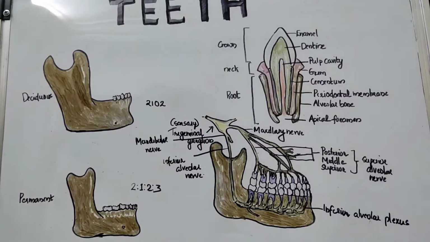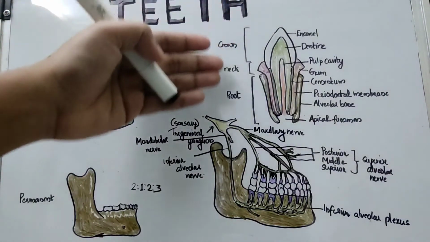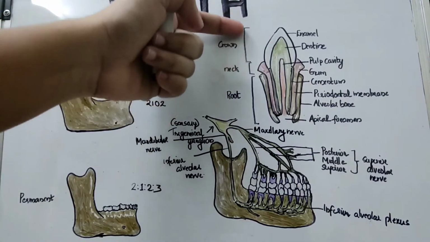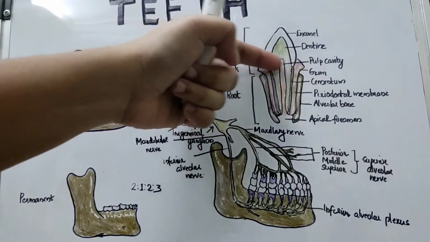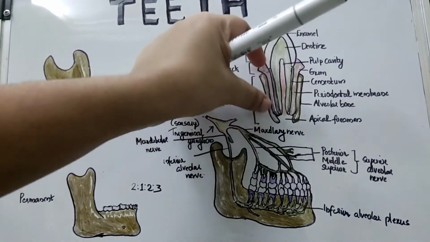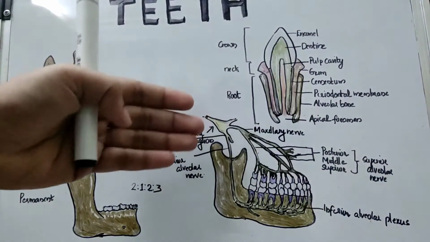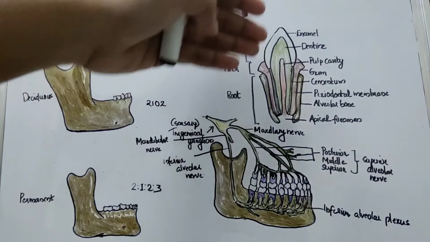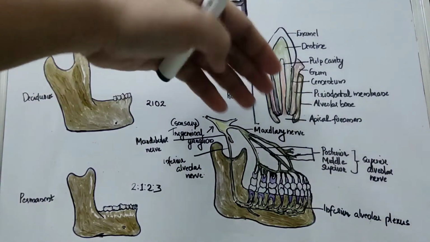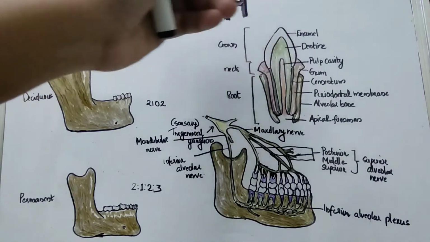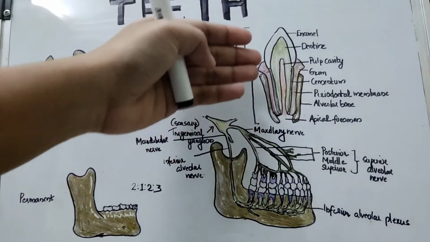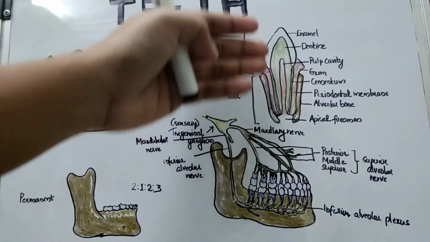Now we will discuss the parts of a tooth. A tooth has 3 parts. This is the crown, this is the neck, and this is the root. The small part is called the neck. The crown is the part of the tooth which projects above the gum. The neck is the part in between the crown and the root.